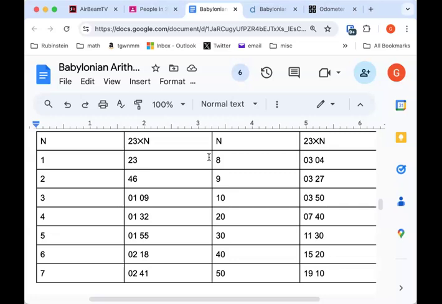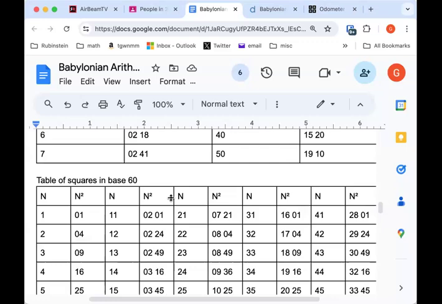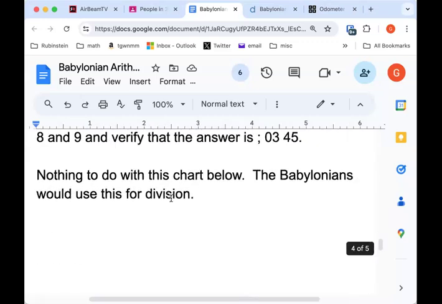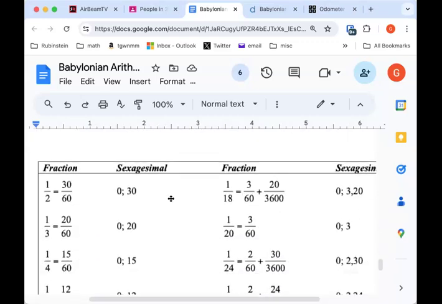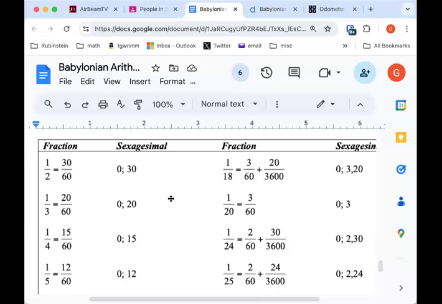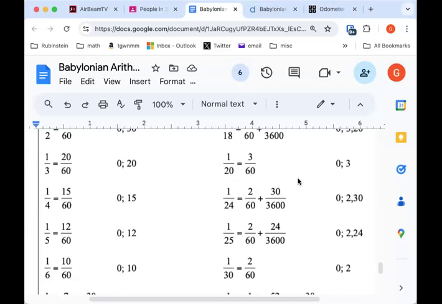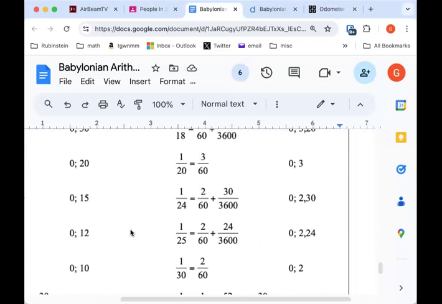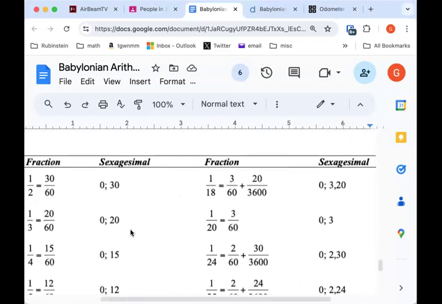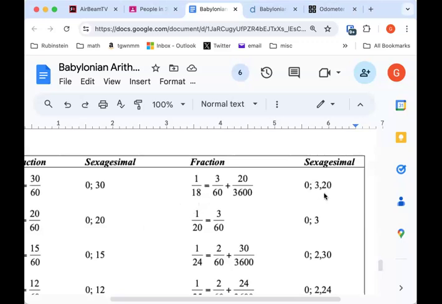But before I can show you that method, I need to tell you a little bit about division. Now, they didn't actually have real division. They would divide by multiplying by the reciprocal for the most part. So they would have this chart, remember 1/5 was 12/60ths? They would have reciprocals. Remember 1/18 was 0320?